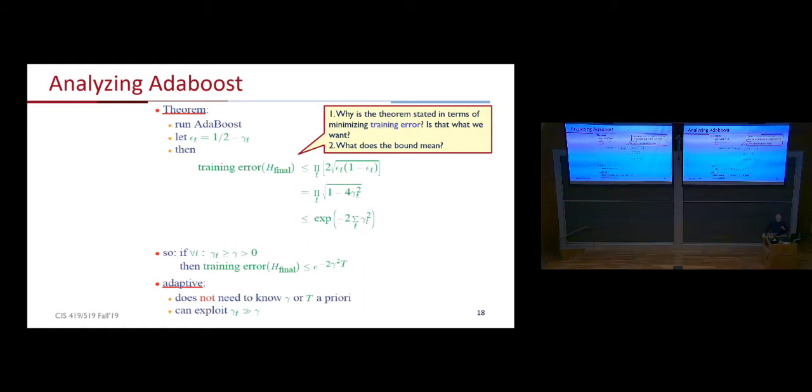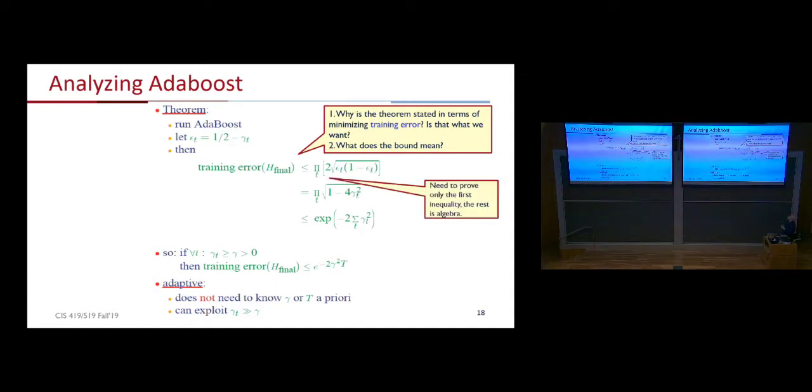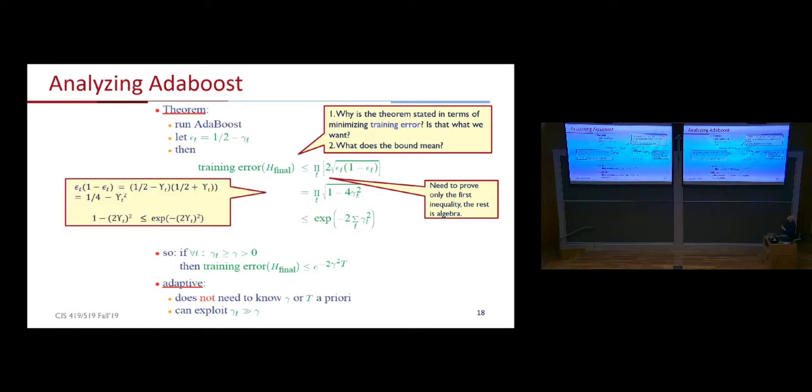So we talked about this part, right? So this part directly can be written this way, which basically means the training error can go as low as you want. Really what we need is to prove this one, because the rest, from here to here, is just simple algebra, which I'm writing here, and you can go over it.